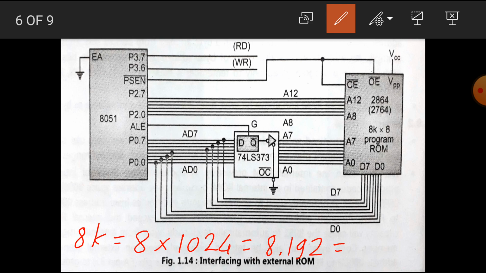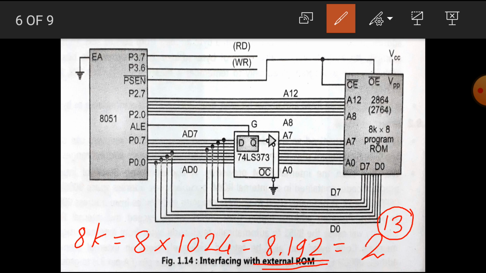There are a total of 8192 bytes in this program ROM, and if we represent this number as a power of 2, then we get 2 raised to 13. The value of 2 raised to 13 is 8192. Hence we get 13 address lines. I hope you all understand the concept.